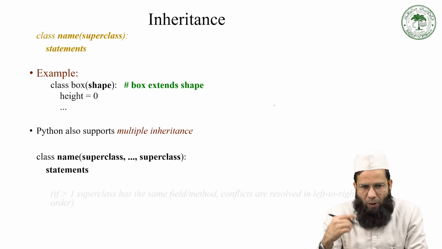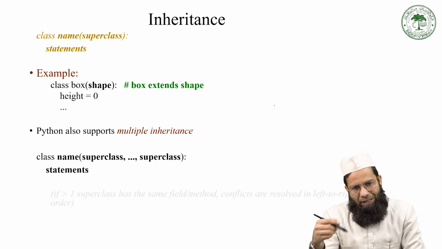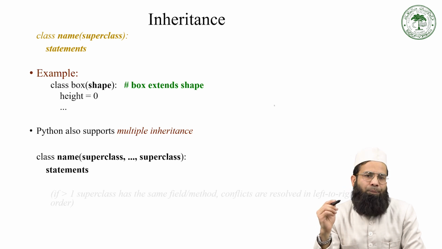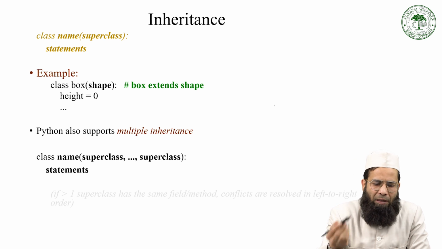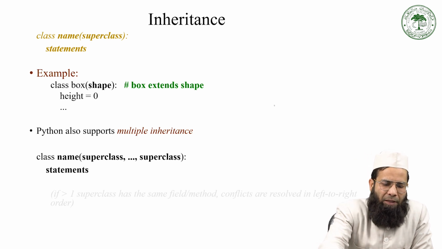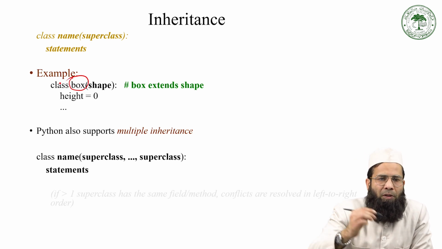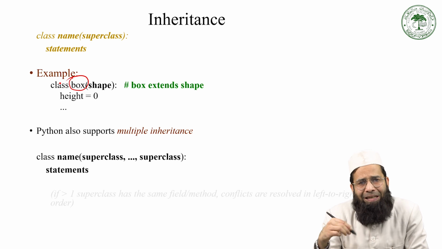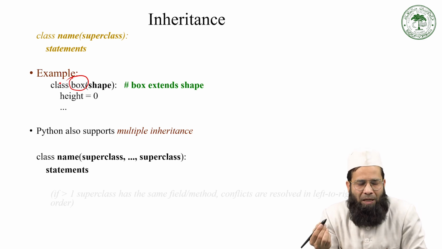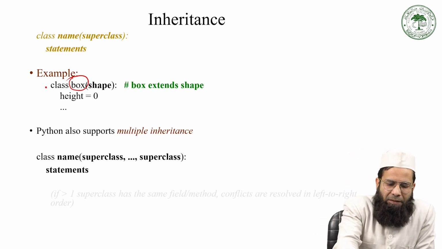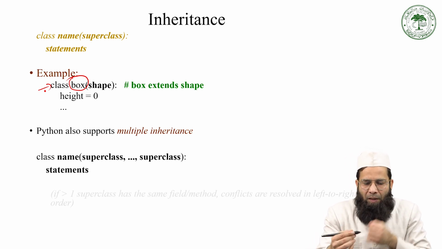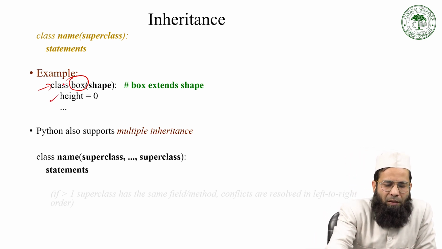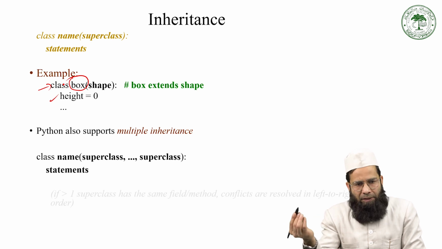Now I'm trying to create one more class that would inherit the properties of shape. Let's say the name of that class is box, and box is inheriting the properties of the shape class. In this way, I can create a subclass, and in that subclass, I'm including one data member, that is height.